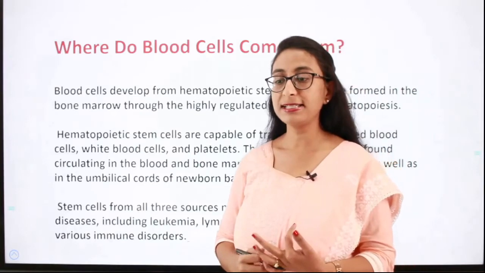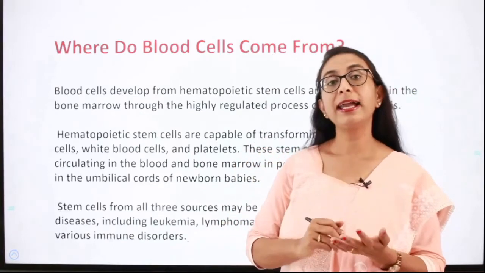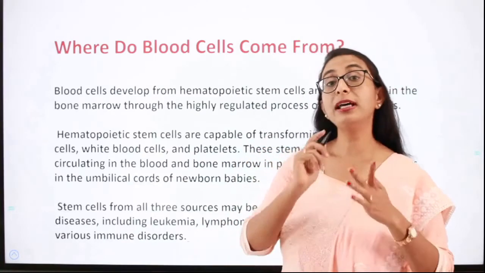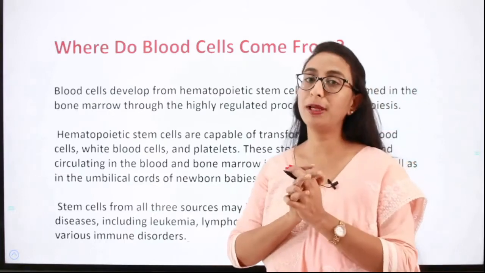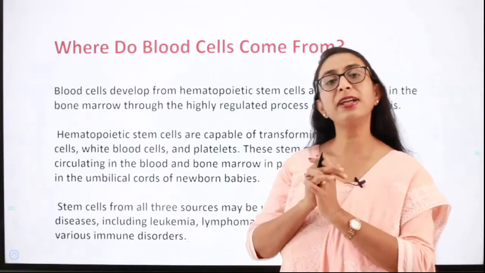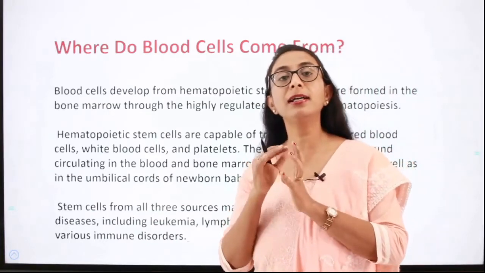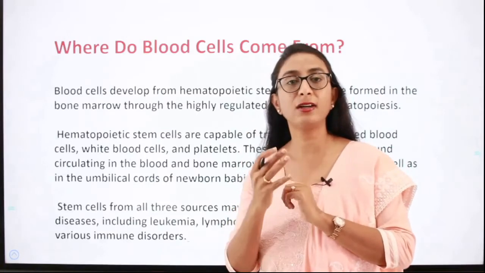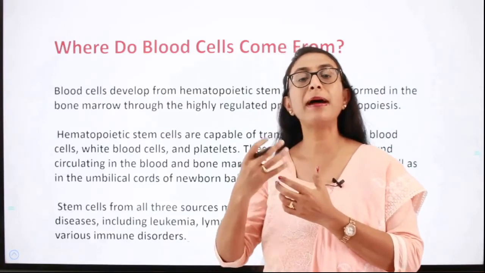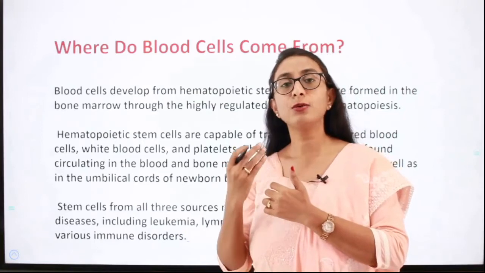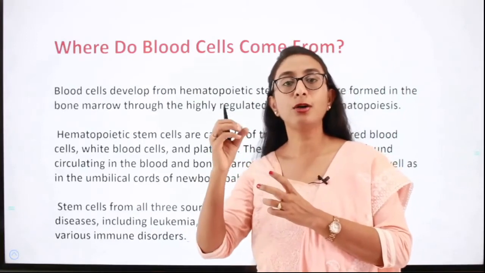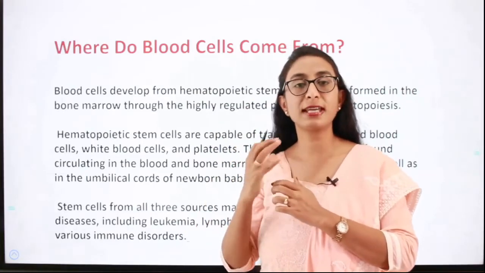The stem cells can be found in the blood, in the bone marrow, and also in the umbilical cord of newborn babies. That is why recently we have this concept of umbilical cord banking, or umbilical blood banking. So what is that? The umbilical cord region is rich in stem cells.